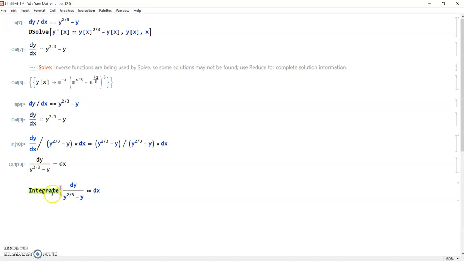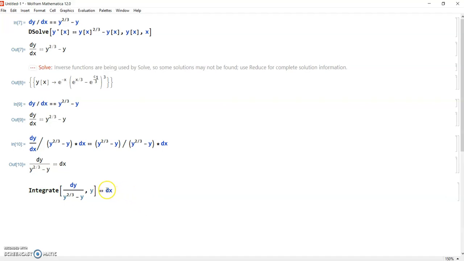This is the function, the full word Integrate, and then you enter the left bracket, then this function, and then a comma, and then here you have to tell with respect to which variable, y or x, the function will be integrated. So this function will be integrated with respect to y.